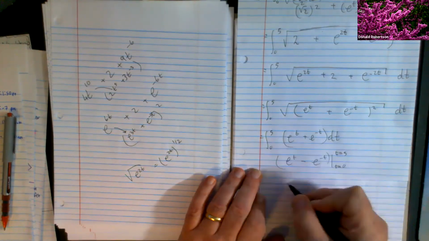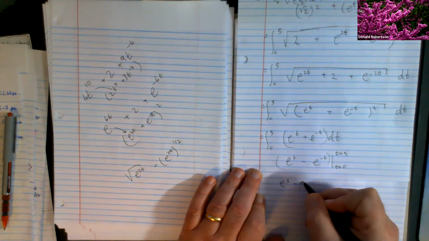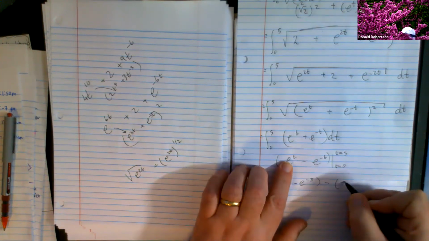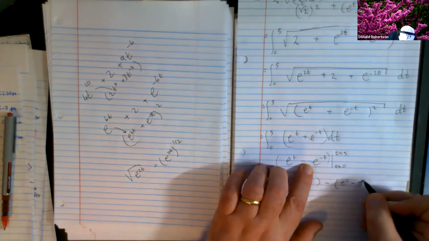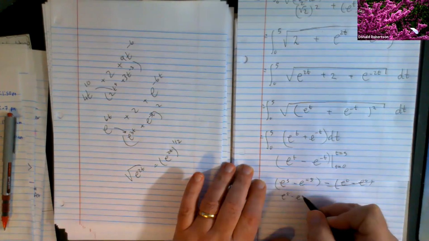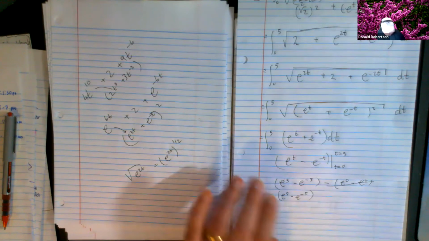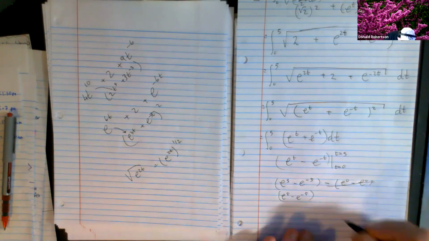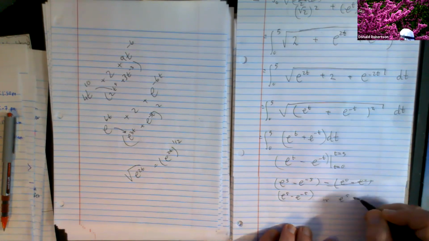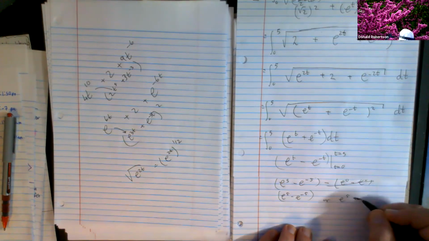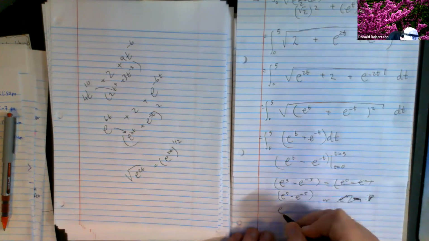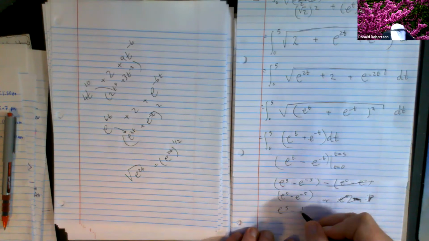That's going to be e to the 5, take away e to the -5, take away e to the 0 minus essentially e to the 0, so that's cancelled out. And your answer would be that guy. Or if you're a purist, oops, what did that? Yeah, that minus is there. That's what I was trying to write down.